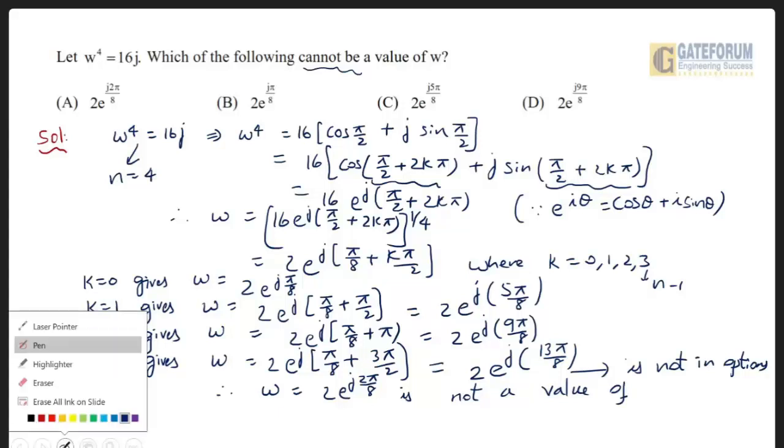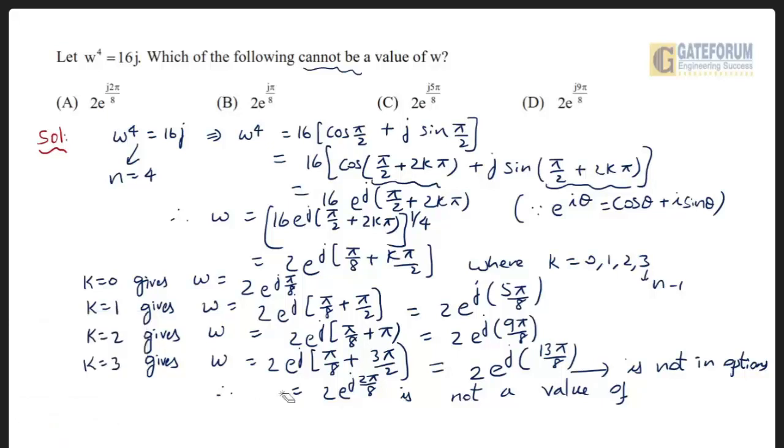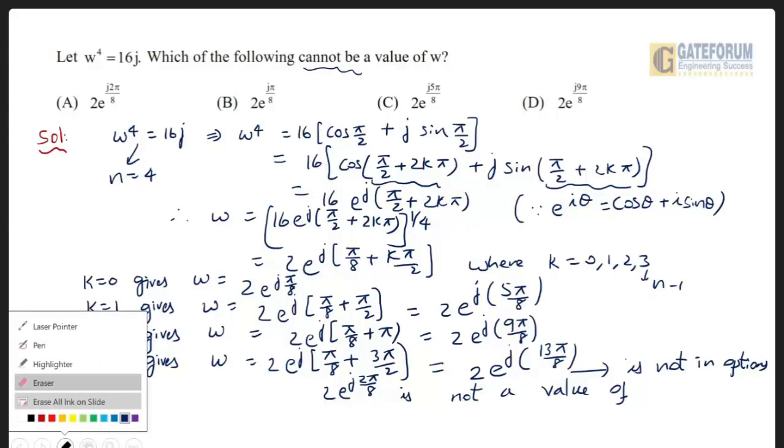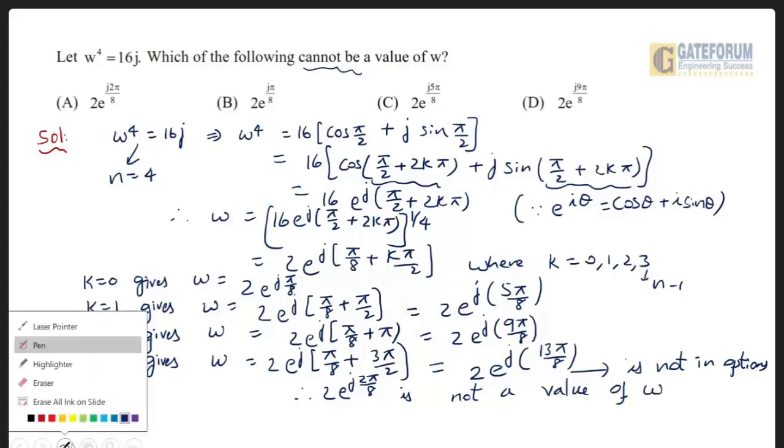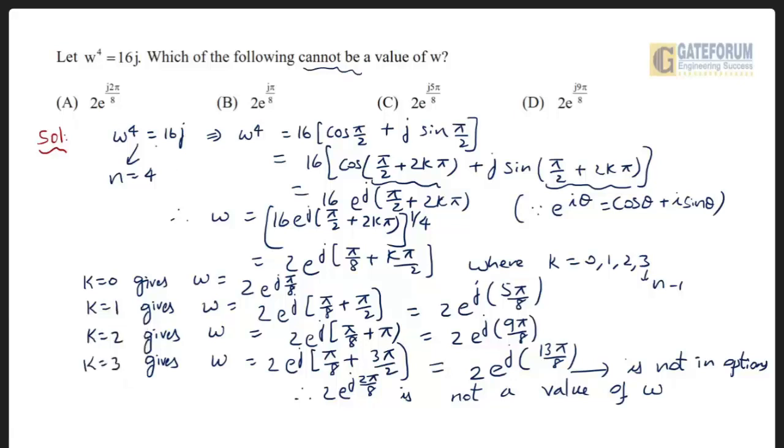Or you can write 2 into e power j into 2 pi by 8 is not a value of w. Okay. So accordingly, A is the option. This is the answer.